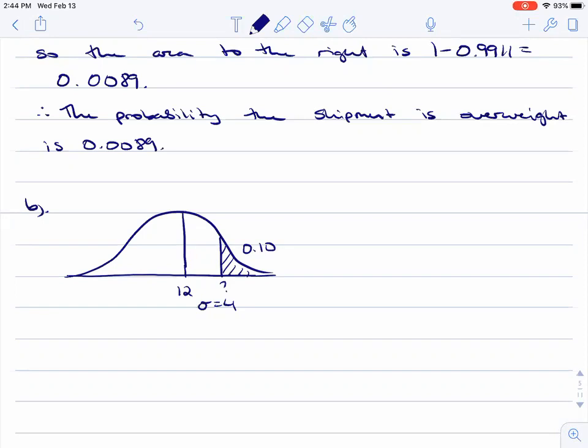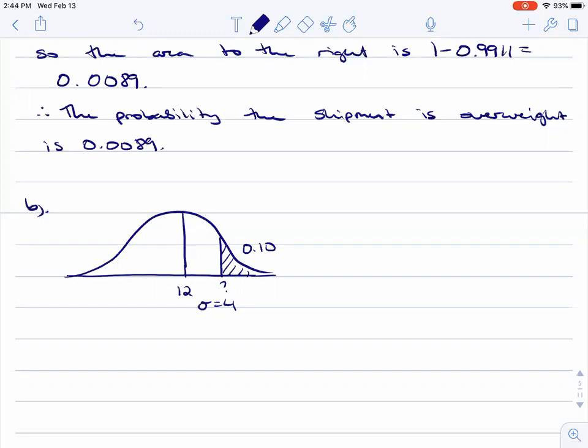You've got two options. The next step is to figure out what Z score corresponds with this value. The Z table only gives you the area to the left. So one thing you could do is find the table entry closest to 0.9.